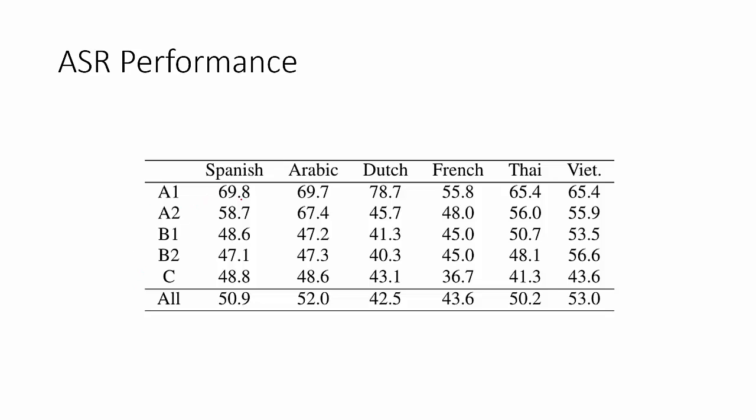Each cell is a word error rate given the native language and the level of the speech. You can see that generally the word error rate goes down as the speaker gets better, which is expected. For A1, the word error rate is a lot higher because they mispronounce a lot of words, whereas for C it is somewhat lower because they got a lot better at speaking English.